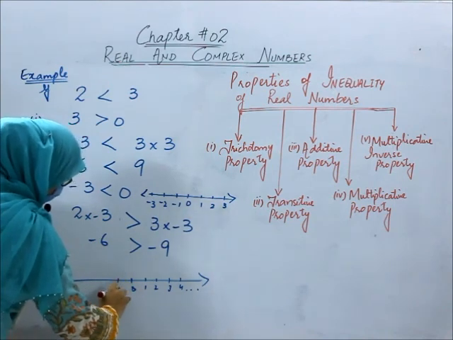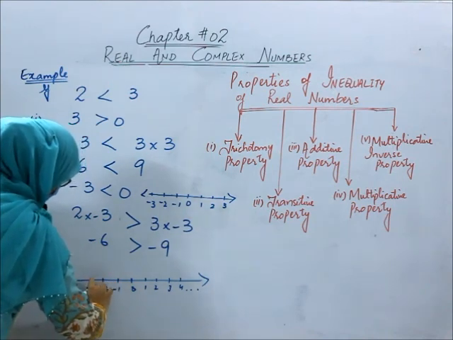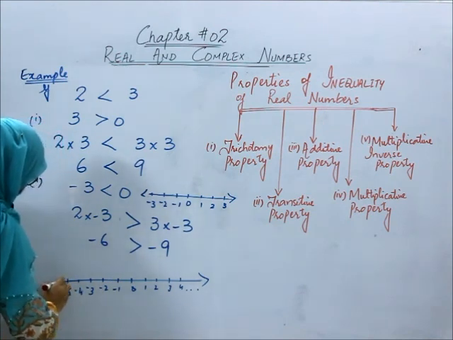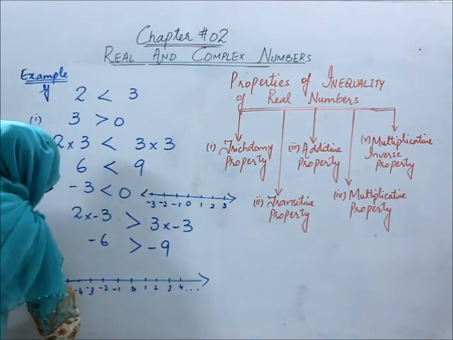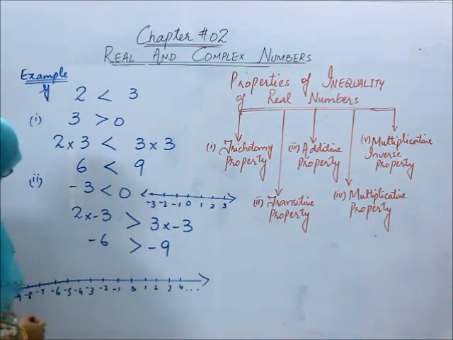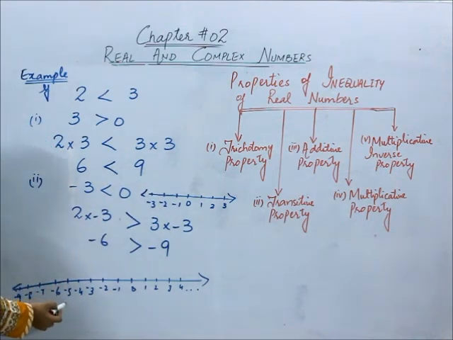And similarly on the left side, minus 1, minus 2, minus 3, minus 4, minus 5, minus 6, minus 7, minus 8 and minus 9. Now which is the greater number? Minus 6 is greater than minus 9. Right? So this is the multiplicative property of inequality of real numbers.